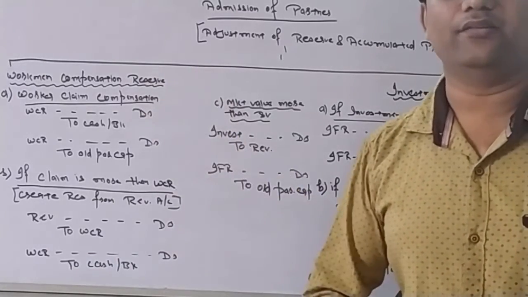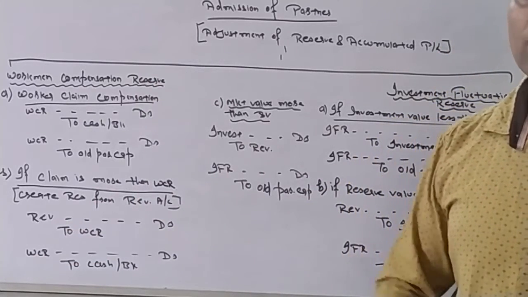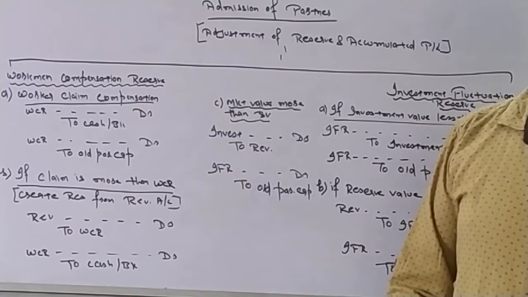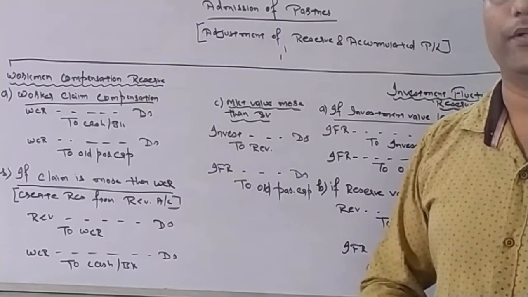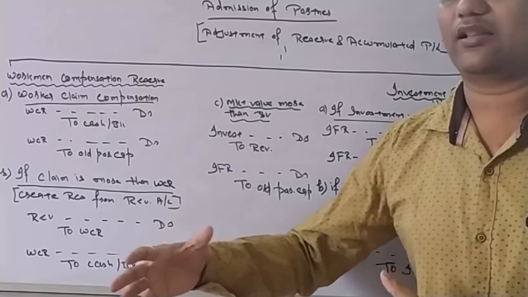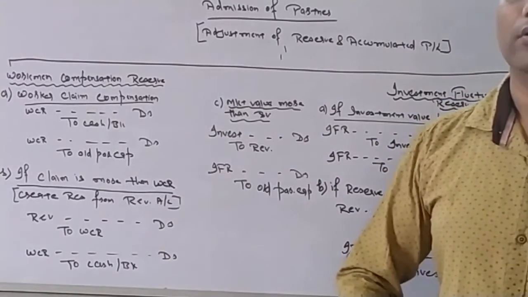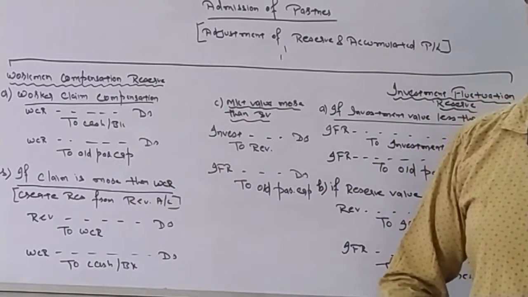When a worker gets injured, he claims compensation from the company. His treatment, his compensation to live his life, it is all dealt with by the company. So for that, the company keeps a reserve aside for that risk due to injury of the worker.